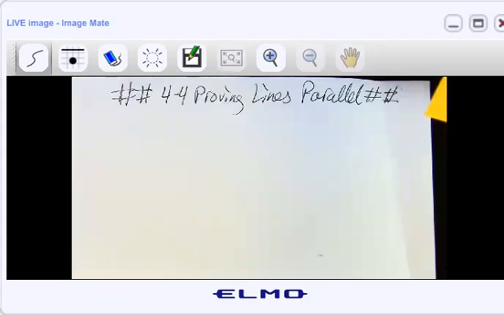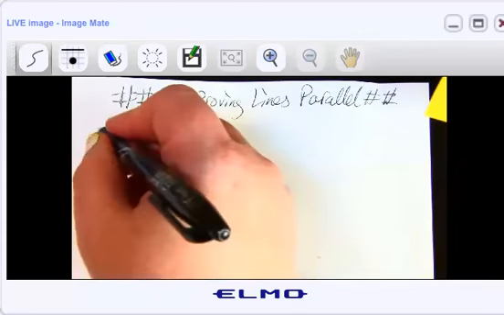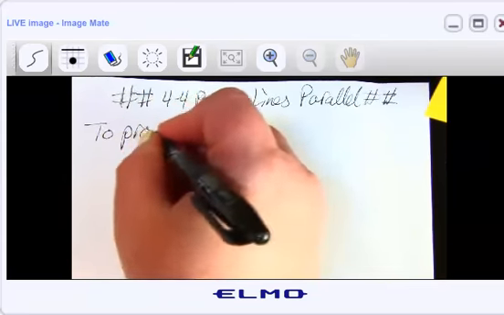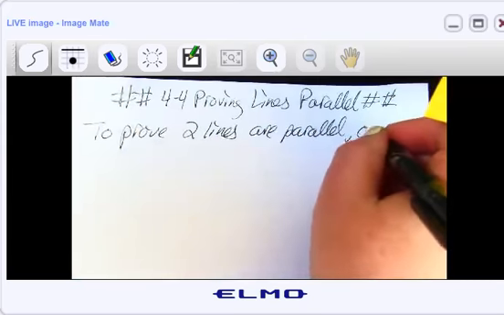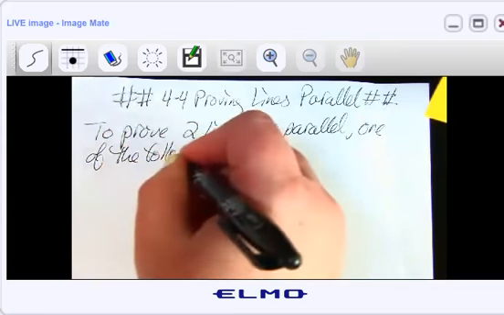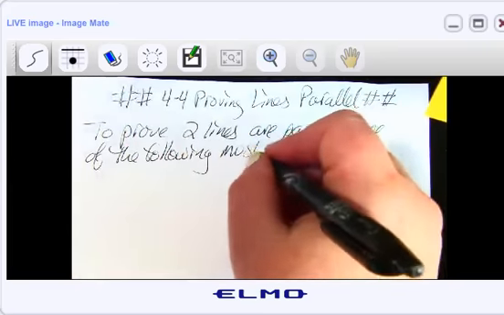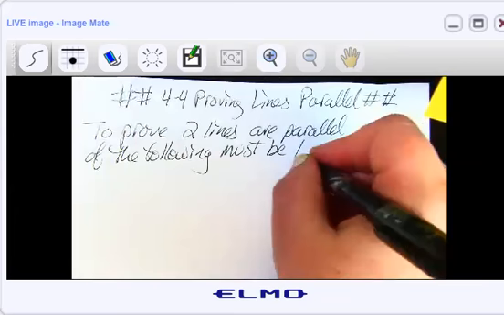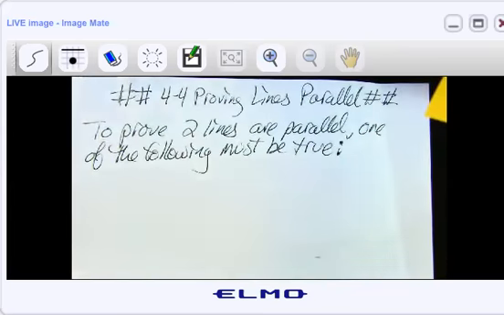All right. So 4-4, proving lines parallel. To prove 2 lines are parallel, one of the following must be true. It doesn't matter which of these, you just need one of them.